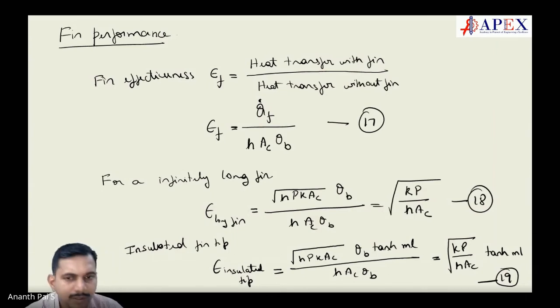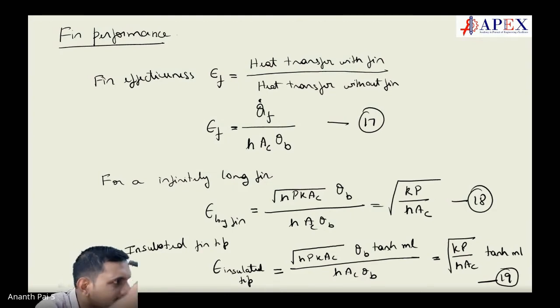Easy. Now fin effectiveness means whether we have to use the fin or not. If the effectiveness is very less, better not use the fin. By using a fin, you should get some help. At least twice it should be. If fin effectiveness is less than 2, it's better not to use the fin. Effectiveness shows whether to use the fin or not.